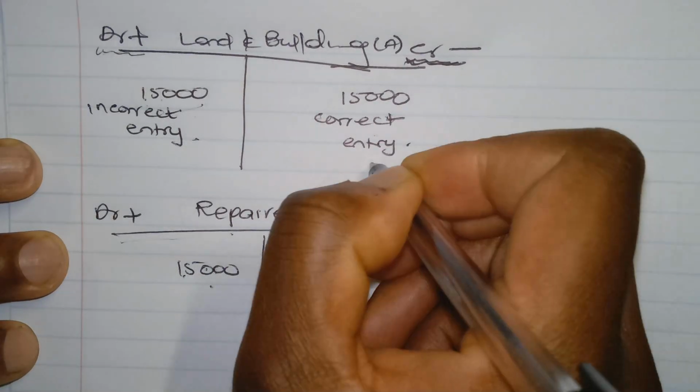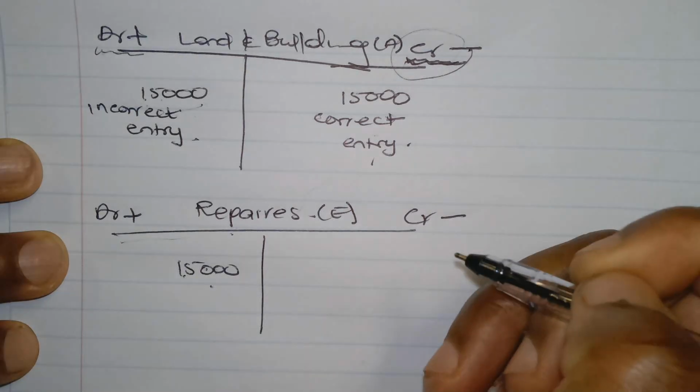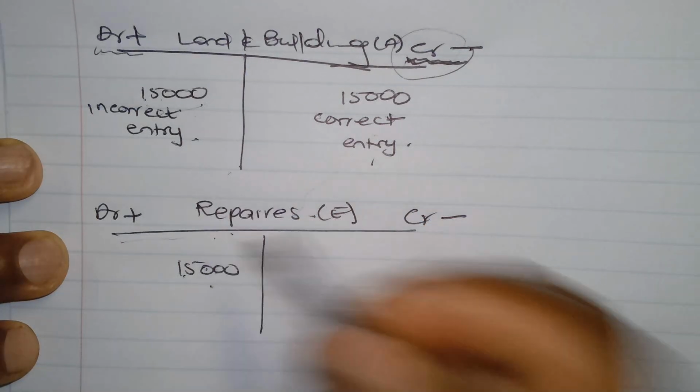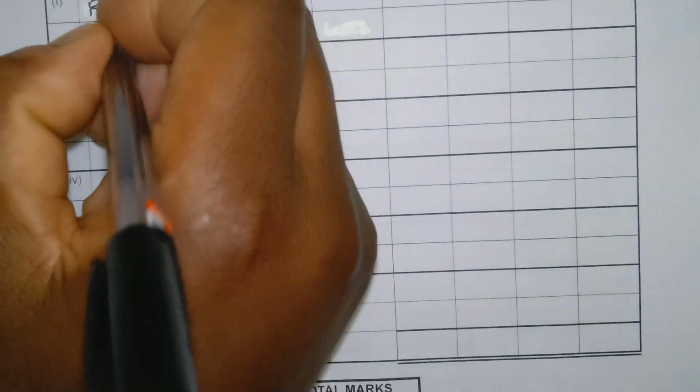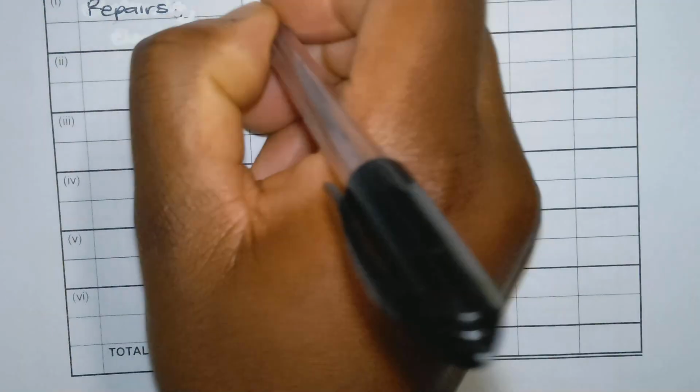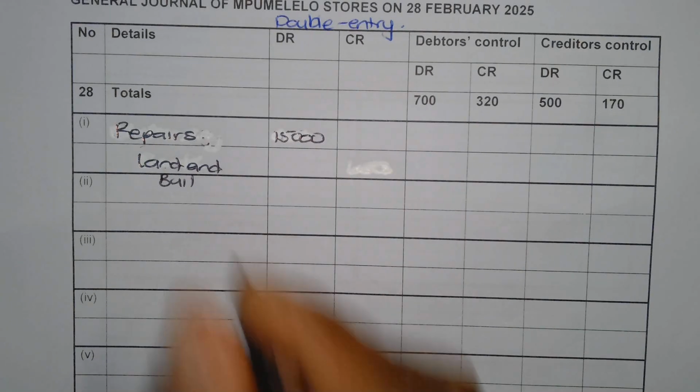But when I made this entry, I made a credit, which has to have a corresponding debit entry. So I've debited repairs, how much? The 15,000. And then I've credited what? Land and building. It becomes tricky now because there's no space.